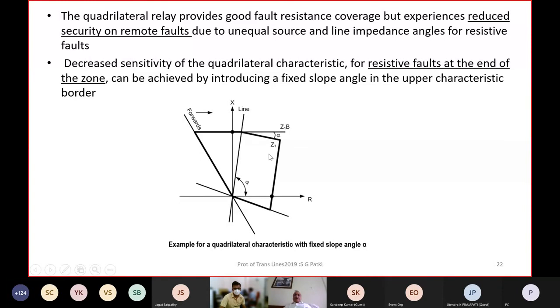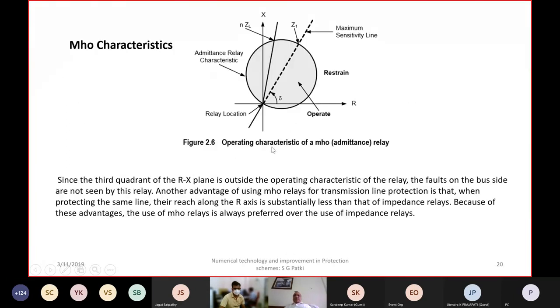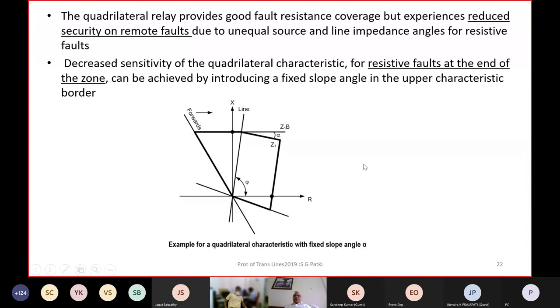But fault current will not be very high at the end of the line. Sometimes fault current and load current can be very close to each other, and then the distinction between the fault impedance will be difficult for calculation. So in some applications, you may prefer to go back to mho characteristics for high resistance fault for a long line, and for phase fault you prefer a quadrilateral characteristic.